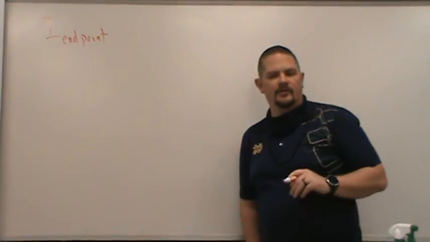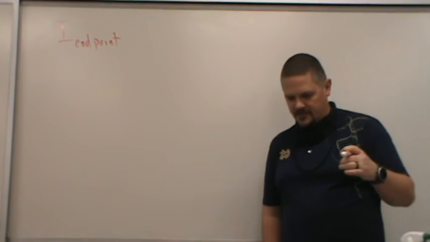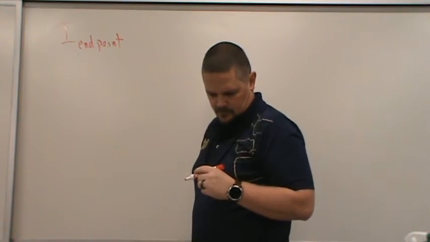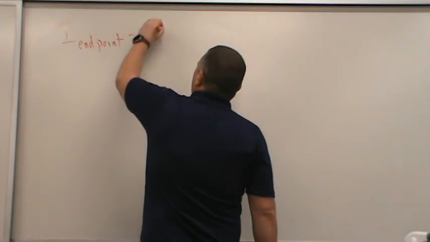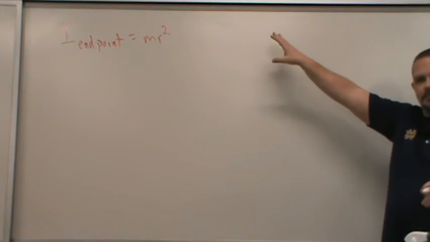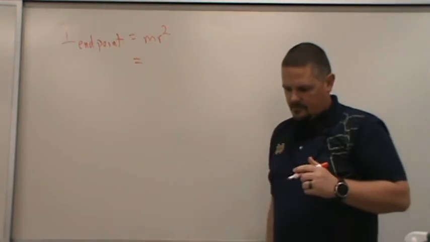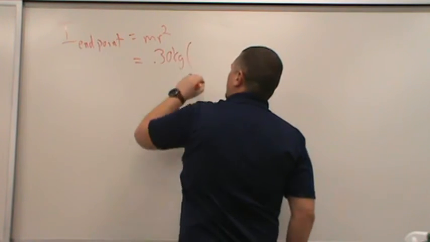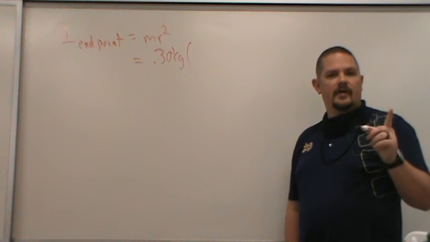Now, finding the moment of inertia if it's twirling at one of the endpoints. We're just going to use I is equal to mr squared. What's our mass? 0.3. What's our R? 0.325? Not this time around.